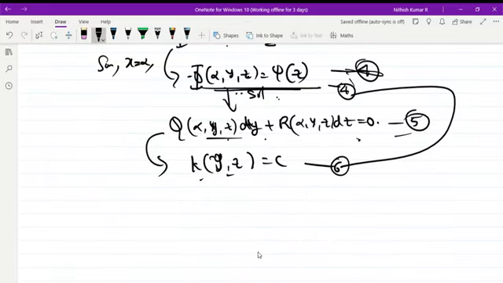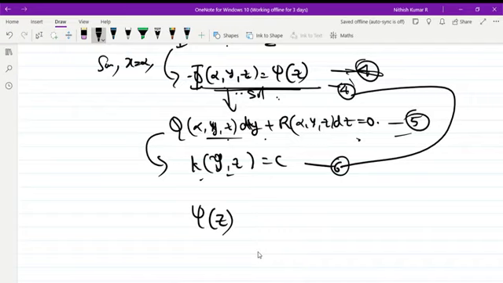So, in 4 and 6, they are equivalent. So we eliminate the variable y between 4 and 6 and obtain the expression for xi of z, because this is a function of y, z, and this is a function of alpha, y, z.